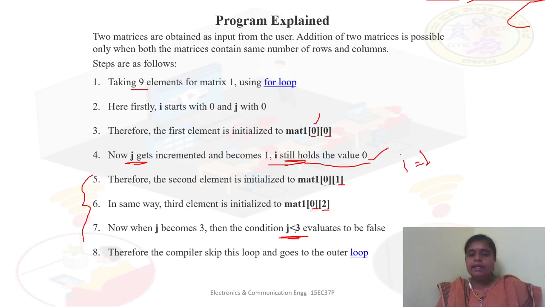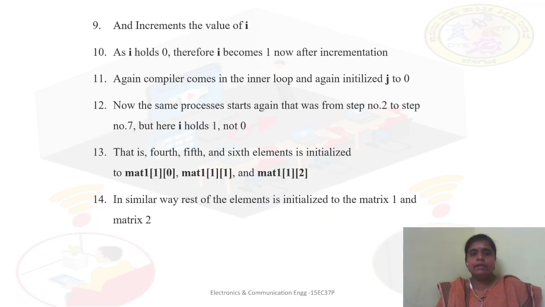Lastly, until i is less than 3, we have to continue. Once it becomes equal to 3, then it becomes false, and we come out of that loop. The same thing: we increment the value of i, which was 0 earlier and now becomes 1. Again you go for j from 0 to 2, and the same steps are repeated.